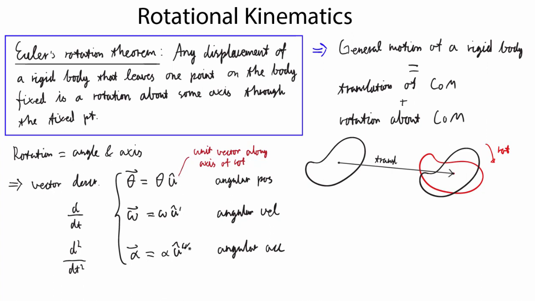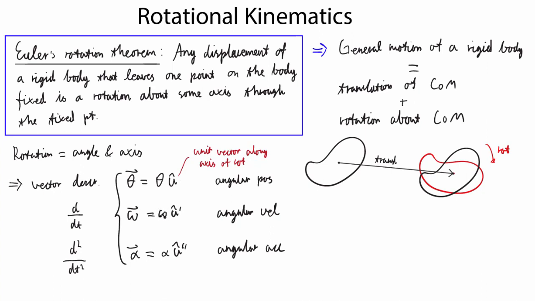We have u hat prime, u hat double prime. It doesn't mean that they're derivatives of one another, it just means that there's no reason a priori why the vectors theta, omega, and alpha should be in the same direction. They can be pointing in very different directions, just as the position vector, velocity vector, and linear acceleration vector can, for a given object, point in completely different directions as well.